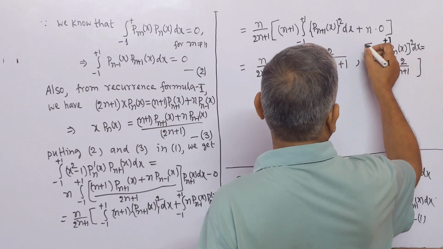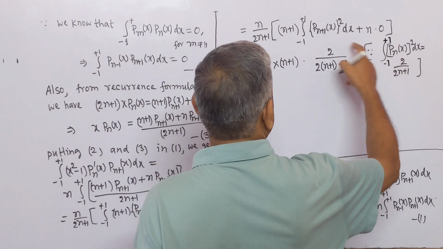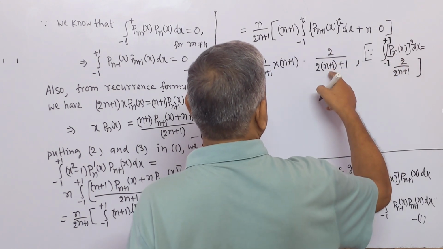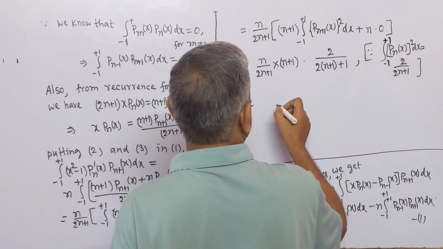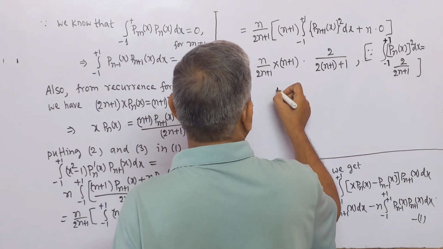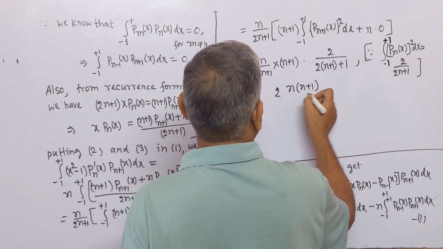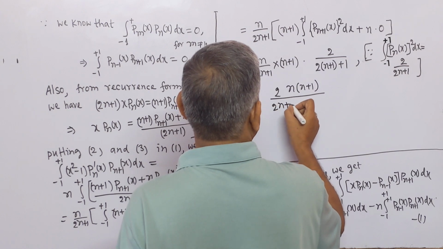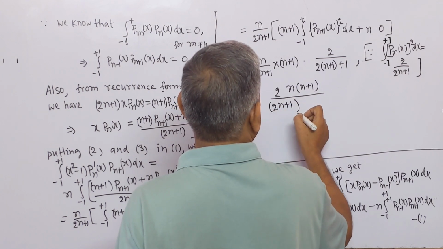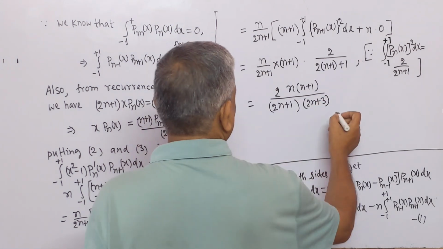We know this formula, so putting n plus 1 in place of n here, this equals 2n(n plus 1) by (2n plus 1) multiplied by (2n plus 3). Proved.